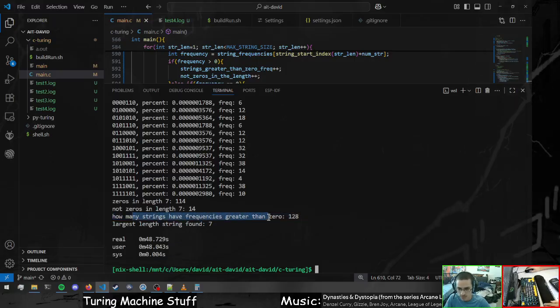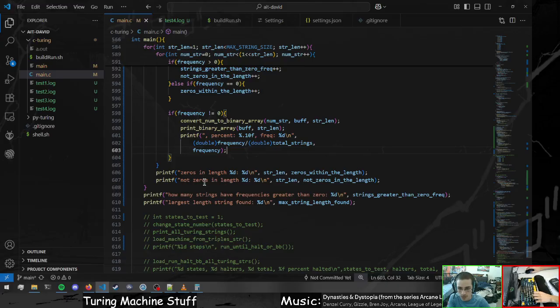How many strings have frequencies greater than 0? I want to print, I'll put here non-zero strings in total. Okay, so I'll do that.